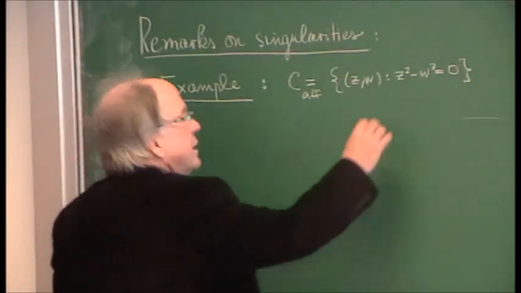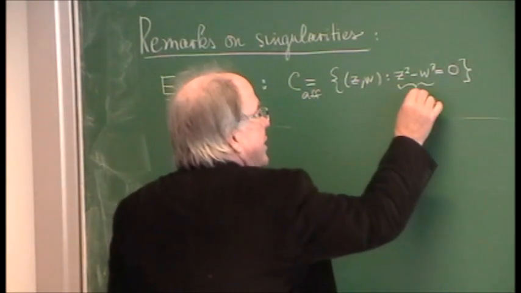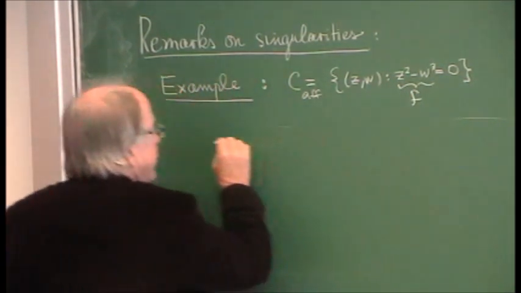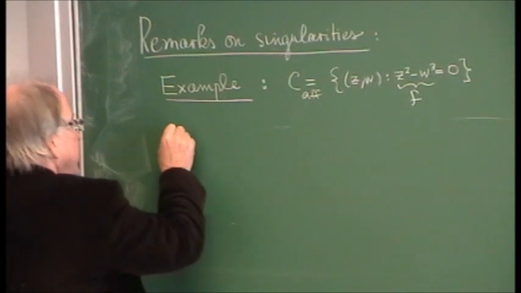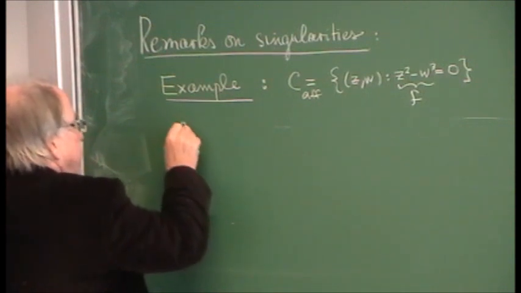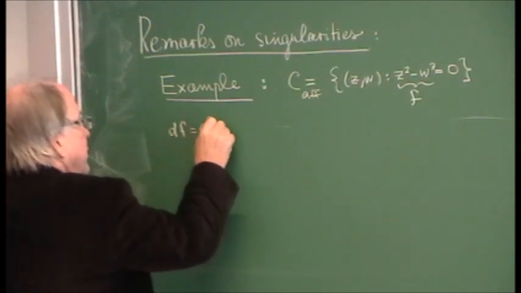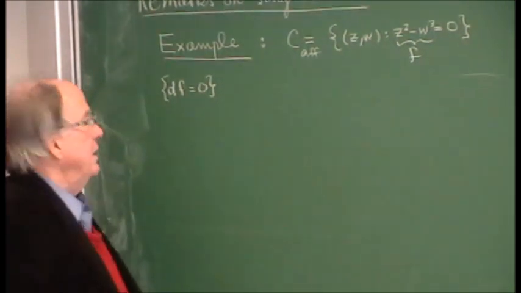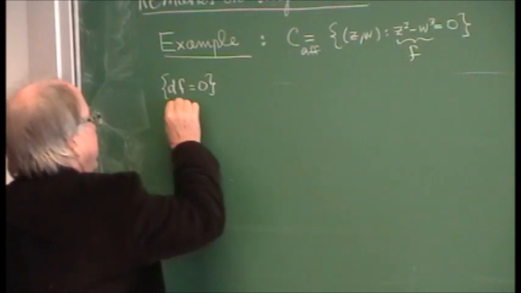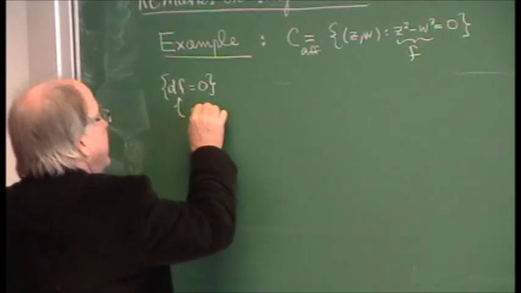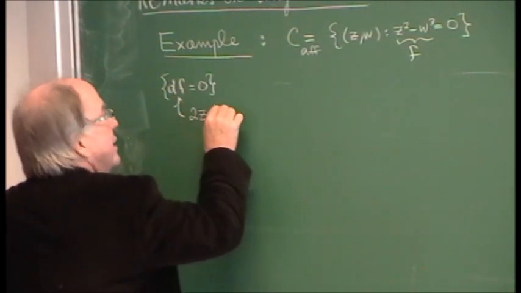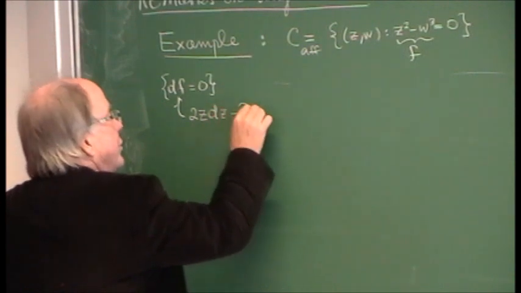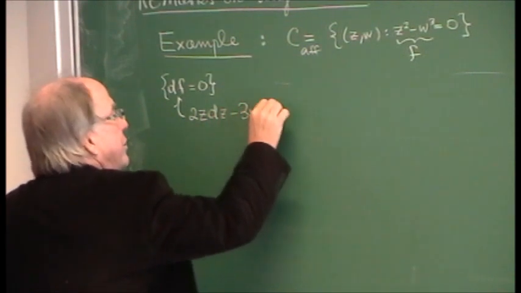And you notice, let's call this function f, and if you are interested in singularities, you look at the set where df is 0. So df, what is df? It's 2z dz minus 3w squared dw.